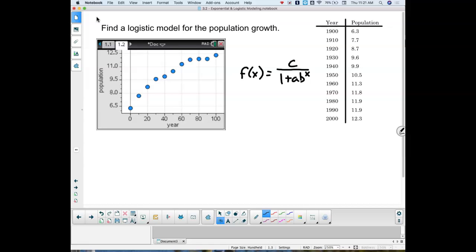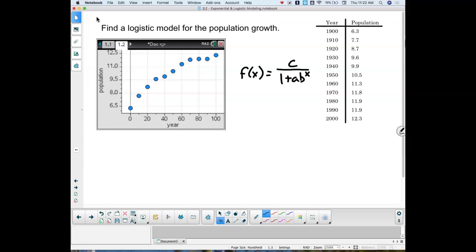What is c in that function? It's the limit to growth, right?